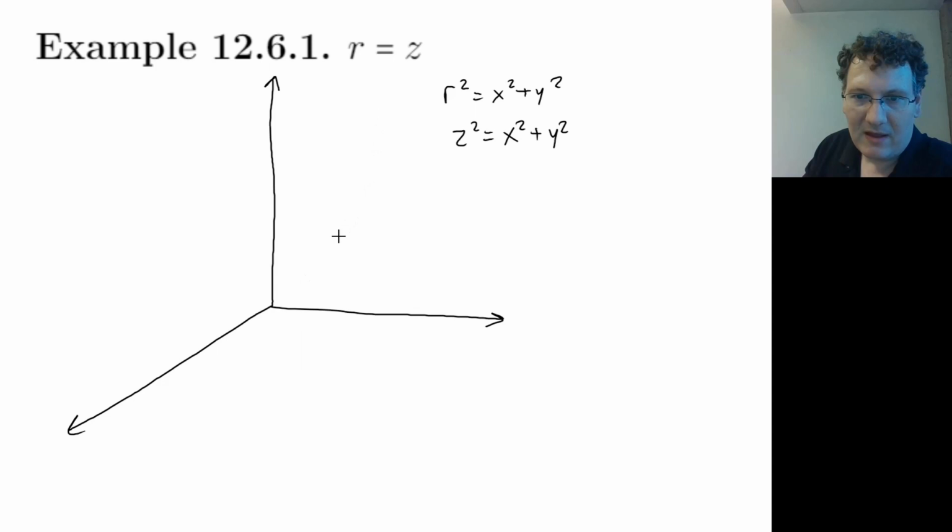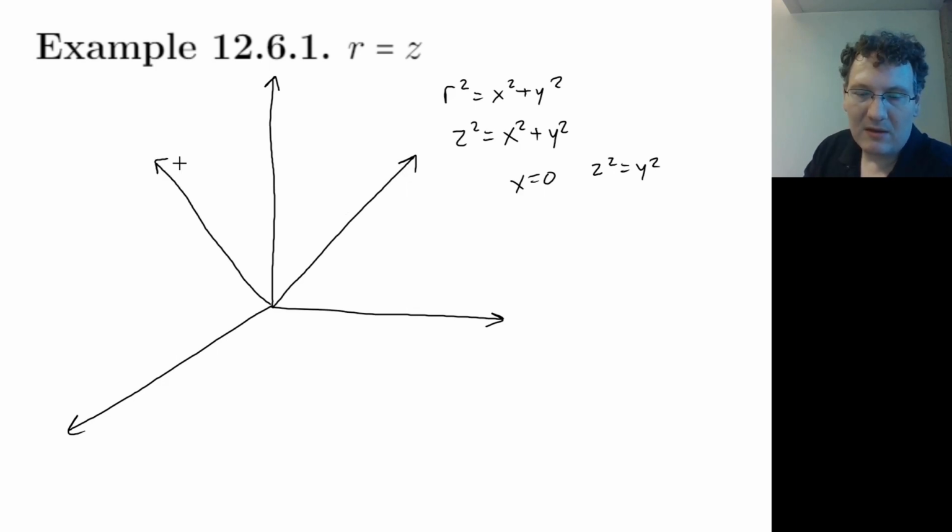Let's take points where x equals 0. If x equals 0, we're going to have z squared equal to y squared. In other words, it's going to look like this. This is on the yz plane, and if y is equal to 0, you're going to get z squared equals x squared.